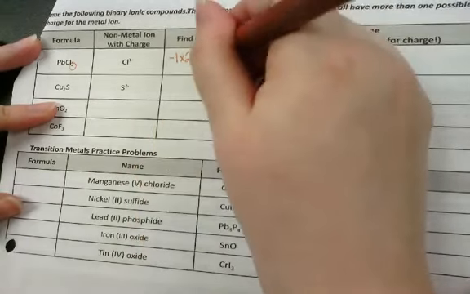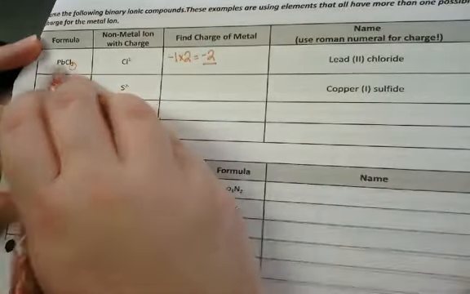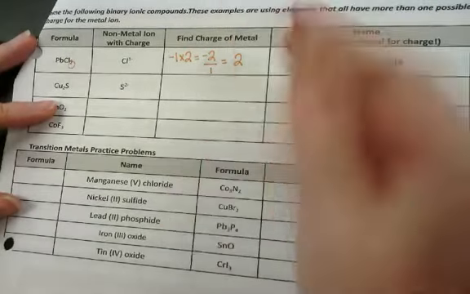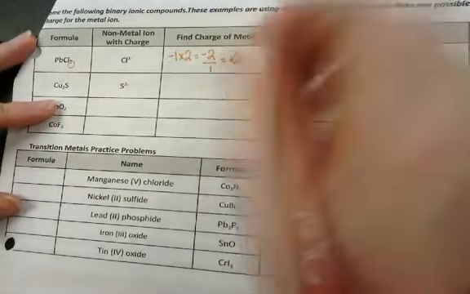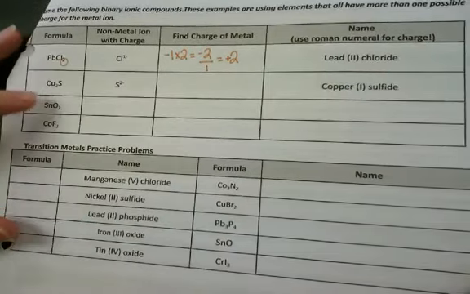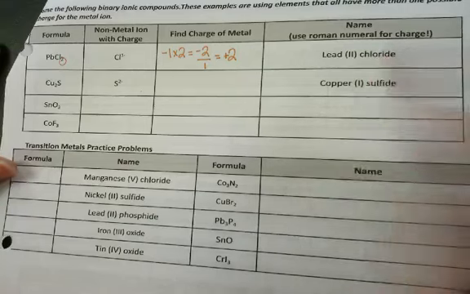So I'm going to take my charge here and divide it by how many of this guy I have. I have 1. Okay, so that means it's going to be 2. Now we switch it to be positive because it has to be the opposite of this guy to cancel it out. So we're going to end up with lead(II) chloride.